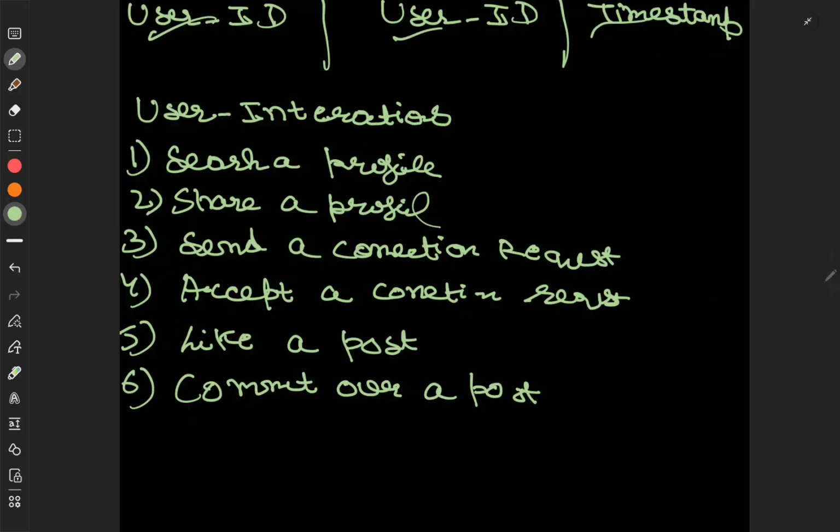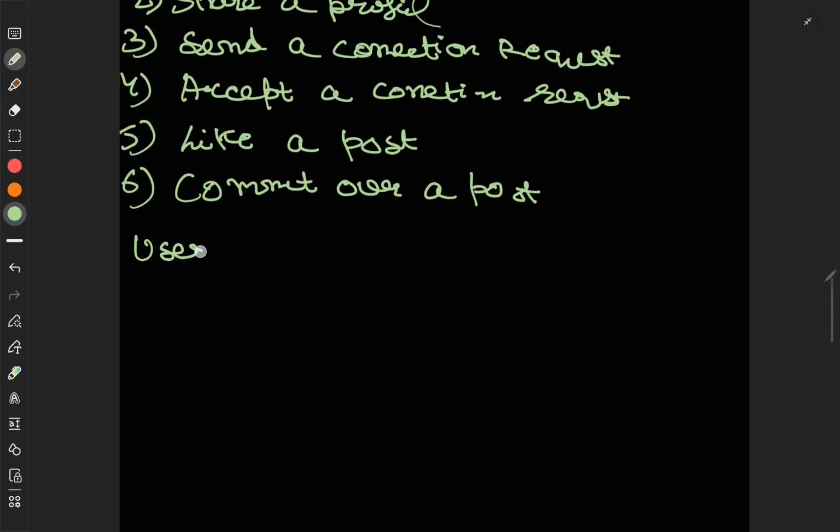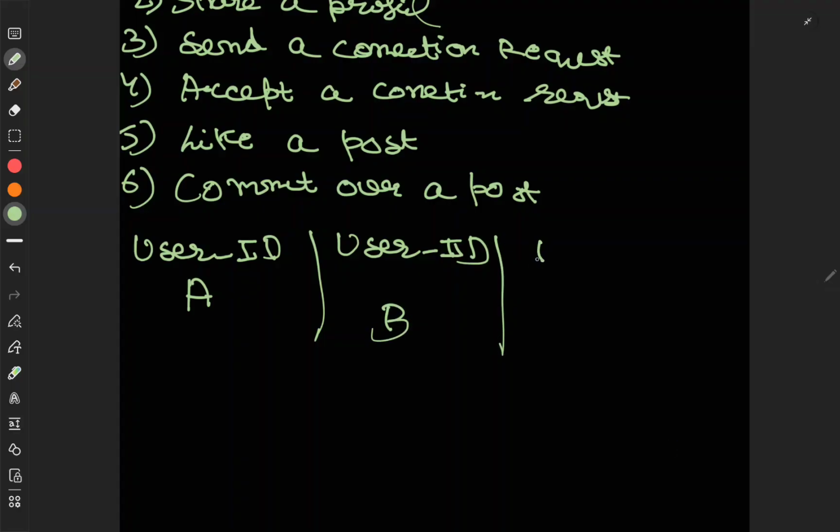Such things you generally do yourself, right? But how would the data eventually look? It would be something like this user id, again a different user id, for example user id a sends a connection request to b, right? Then the interaction type would be sending a connection request.